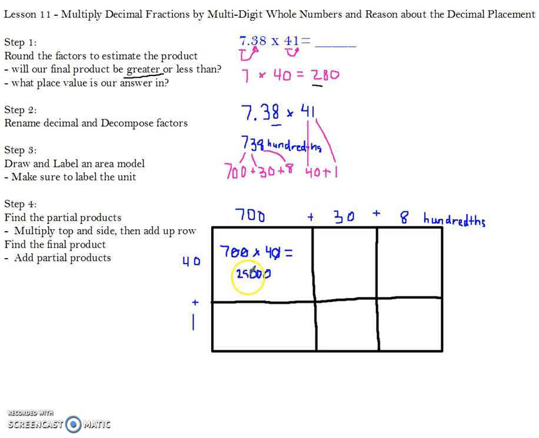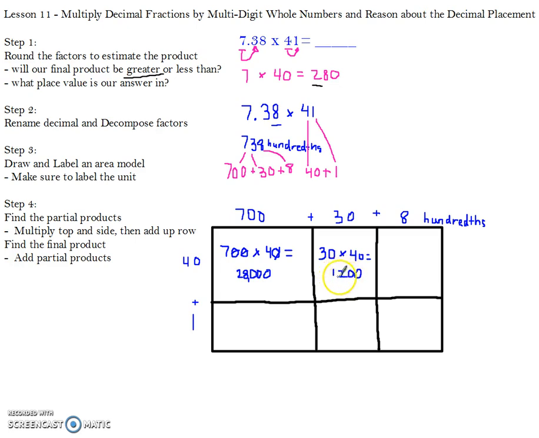So my first box has a value of 28 thousand, and then we'll repeat the process with each of the following boxes. For the next box, we have 30 times 40 from the side, 2 zeros in my factors, so 2 zeros in my answer, and then I have 4 times 3 left, which is 12.